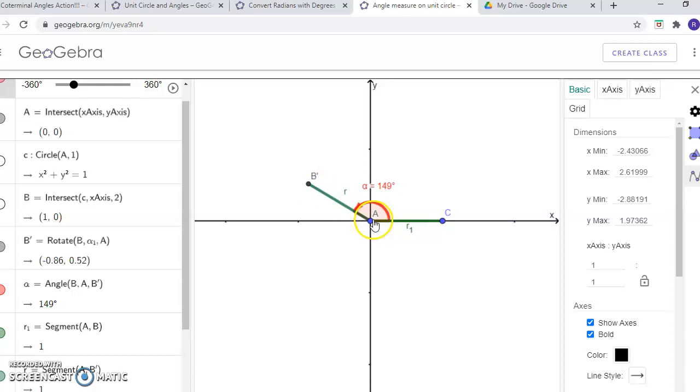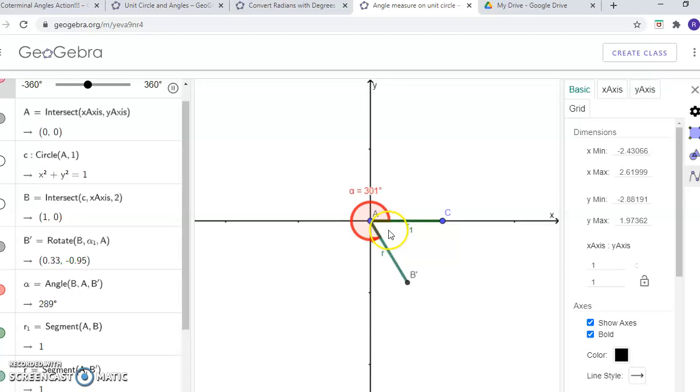Now the initial side of this angle is the side AC and the terminal side is the side AB prime. Okay, as you can see, the terminal side is rotating in the counterclockwise direction. So this is an example of a positive angle.